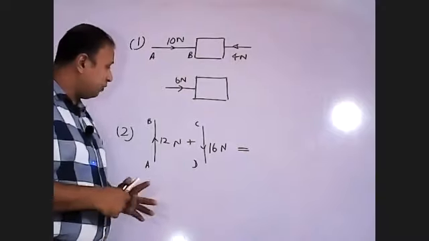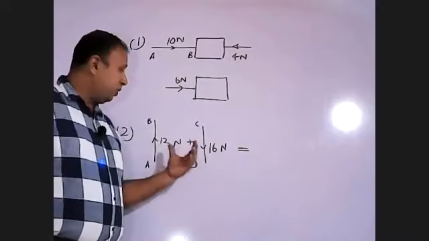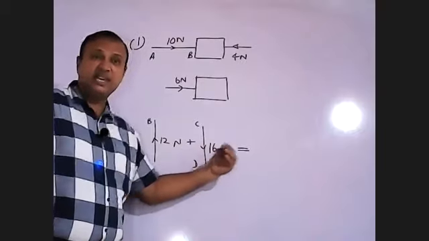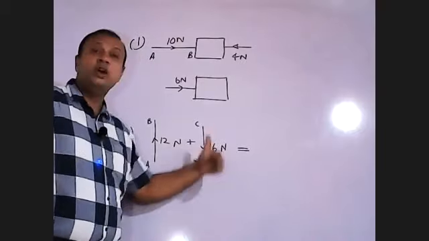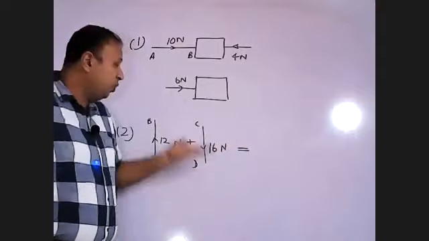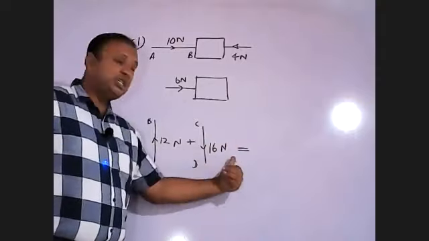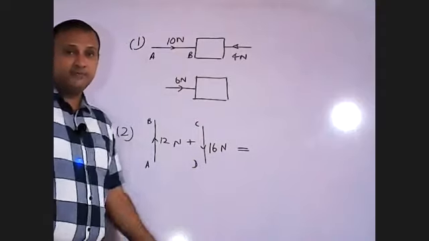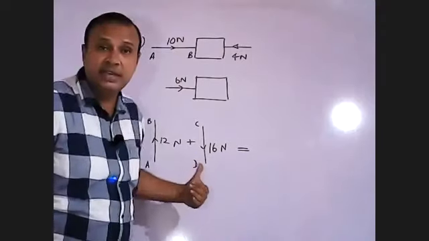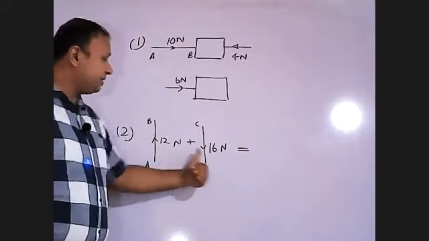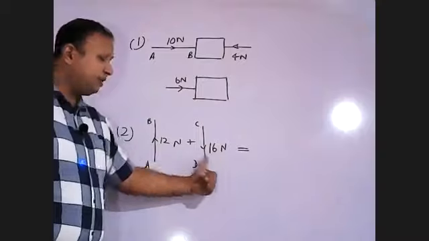How to get the answer? The only thing you have to do is just take the difference, because those two are in opposite directions. Difference is 16 and 12. Difference is 4.